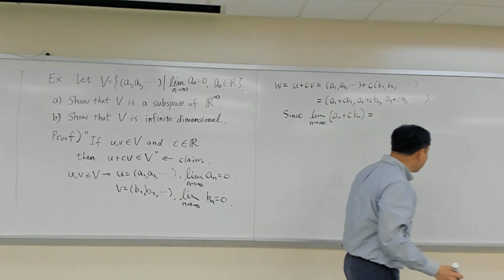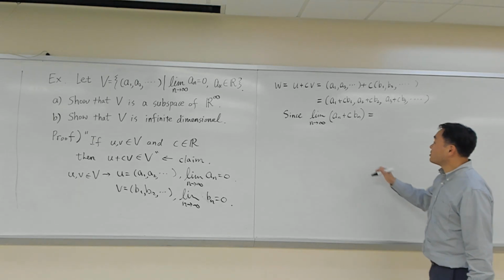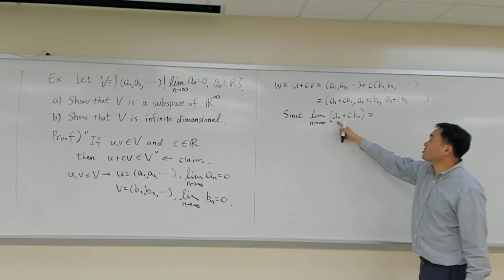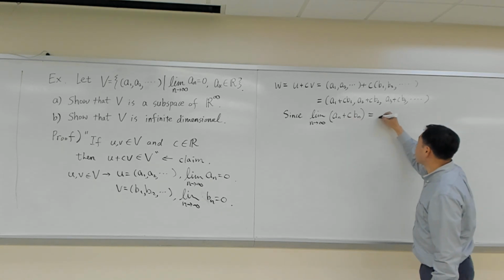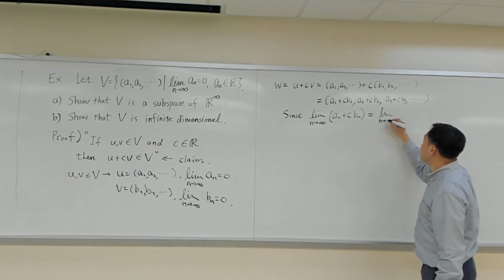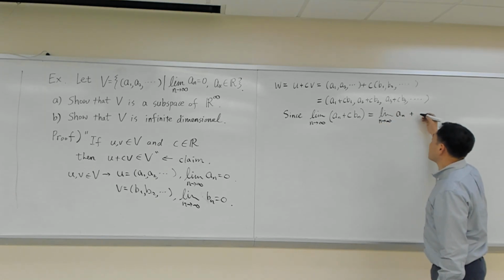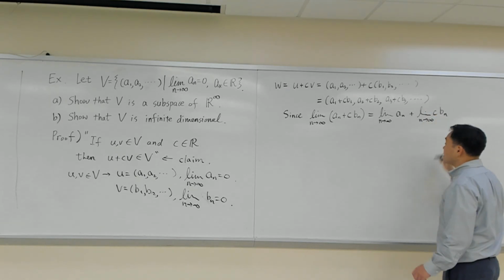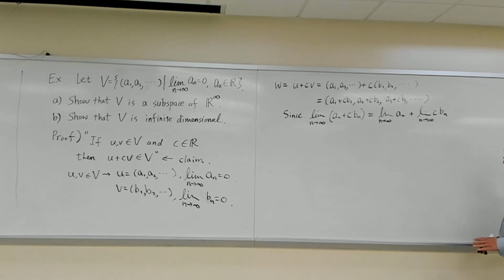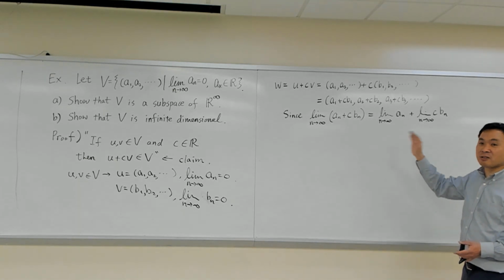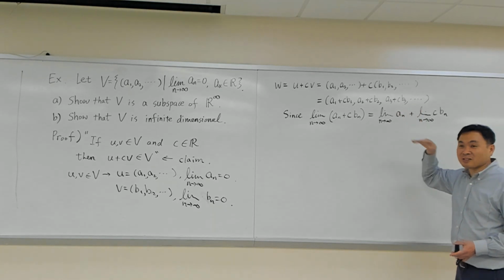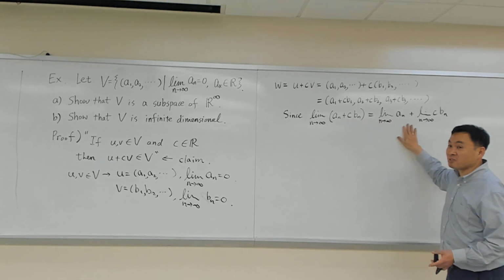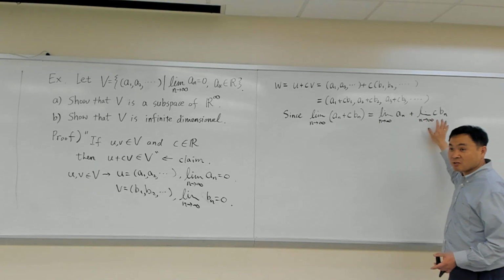Well, there's a property of limits that says if individually the limits exist, then the limit of the sum is the same as the limit as n goes to infinity of An plus the limit as n goes to infinity of C times Bn. Now, if somebody is really rigorous in grading this solution, I might get points taken off, because I can only say that these two are the same if these two are separately finite.